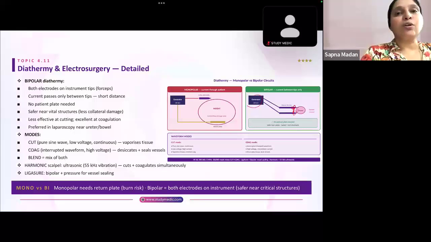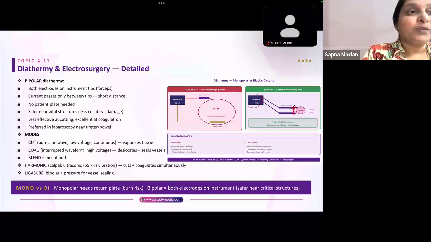Okay. So it is a short distance that it has to travel. The patient return plate is not needed, and it is safe near vital structures, so there is less collateral damage. It is less effective at cutting and excellent at coagulation, and it is preferred in laparoscopy near ureter and bowel.